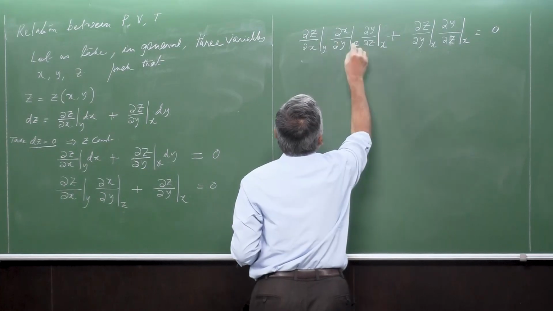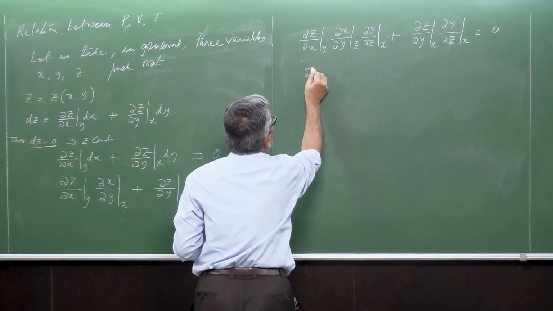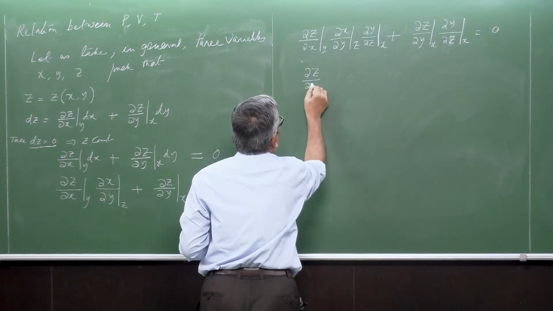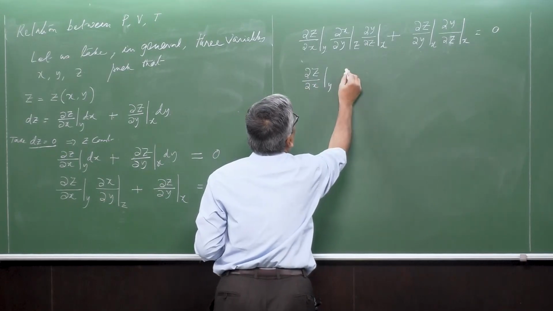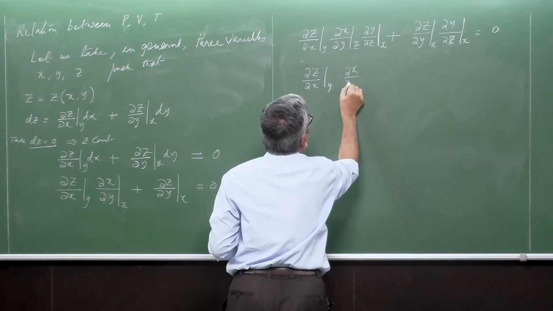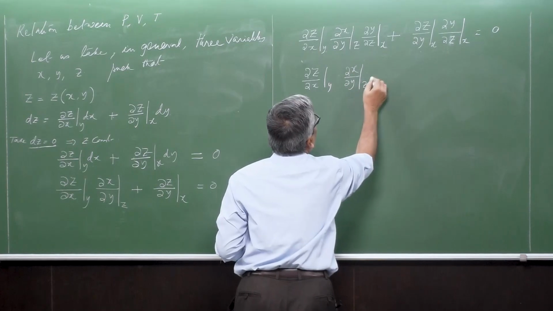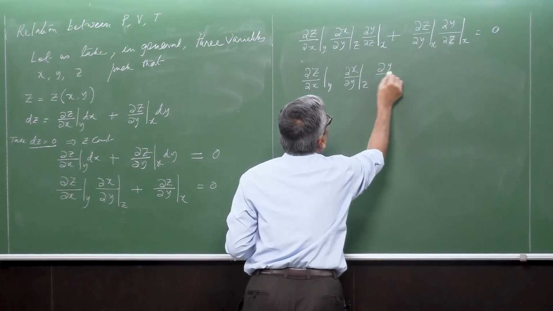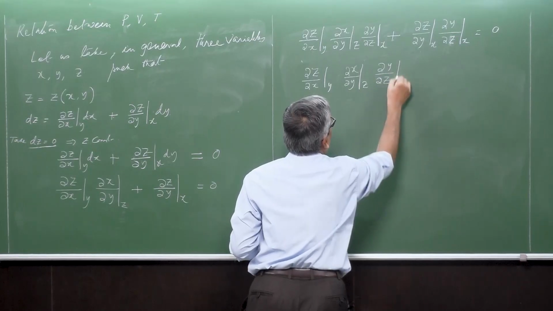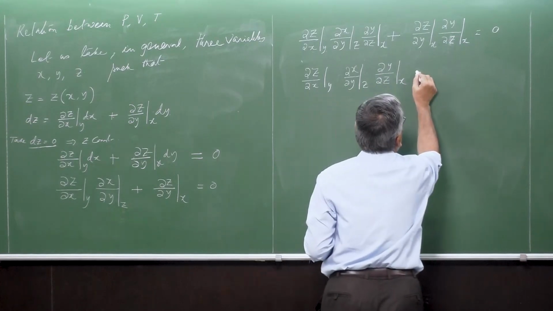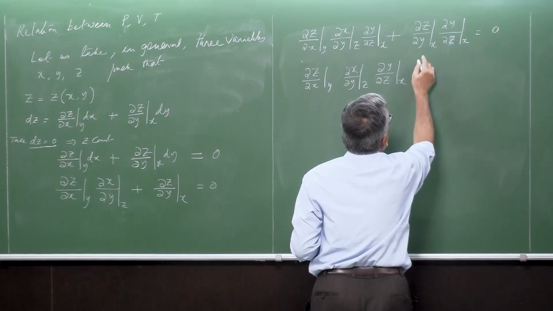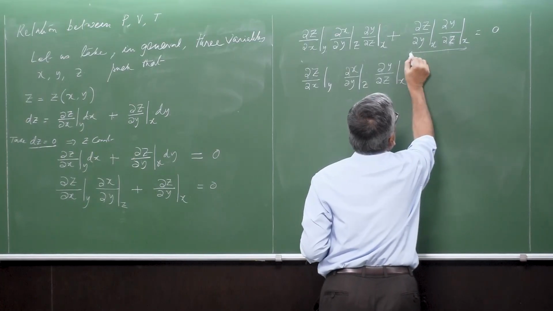So there is a symmetry in the relation, del z del x at y, del x del y at z, del y del z at x, plus this is 1, this is just 1.